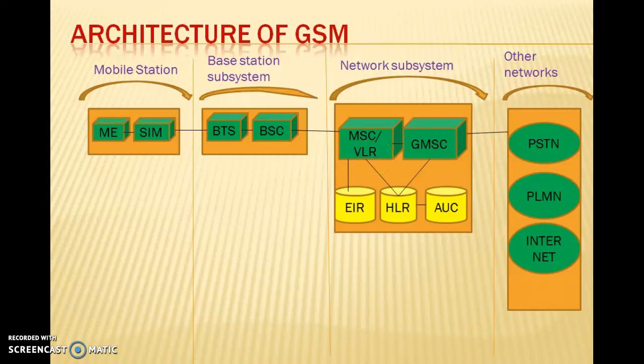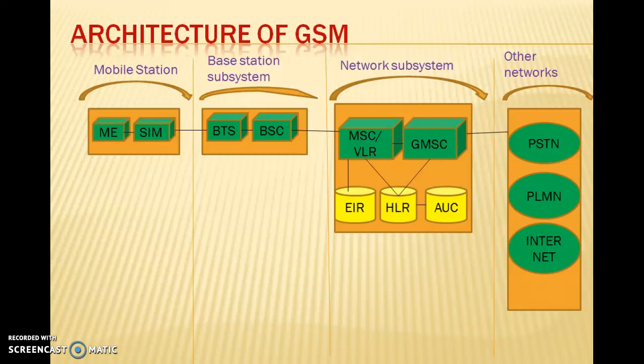VLR is a database which temporarily stores the IMSI and customer information for each roaming subscriber who is visiting the coverage area of a particular MSC. The visitor's home location is in another MSC, and when he logs into the second MSC, he is a roaming subscriber there.